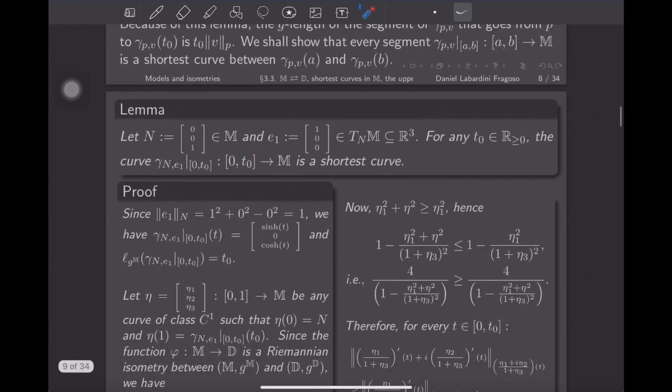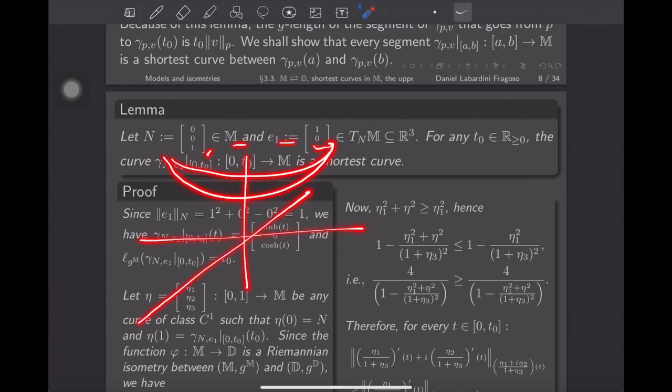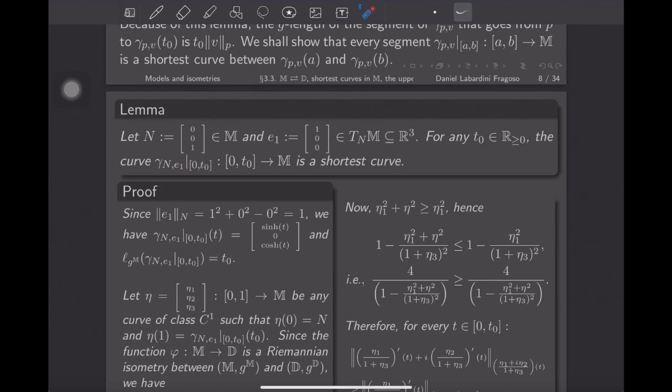Now, notice this one is indeed in the tangent plane at n. I'm in the hyperboloid, and 0, 0, 1 is this point, and the tangent plane there is just the horizontal plane. Because there's a 0 here, indeed, this is in the tangent plane at n.